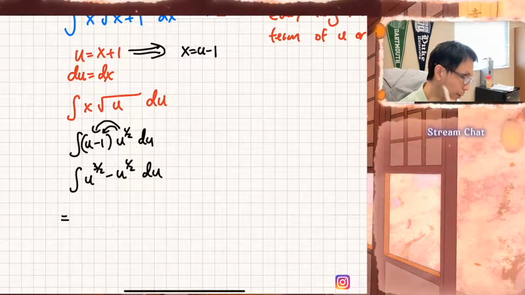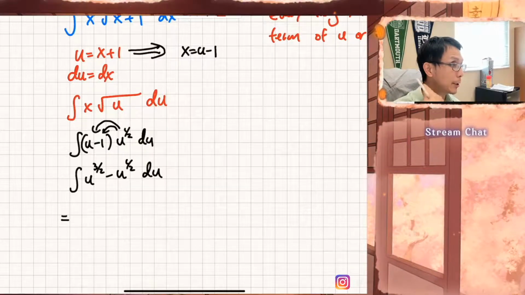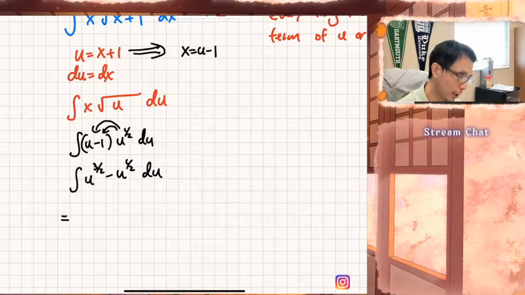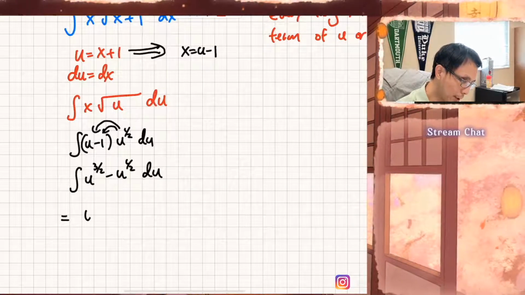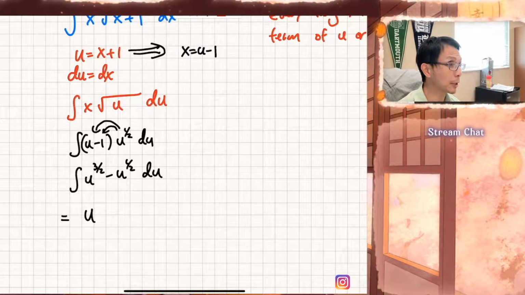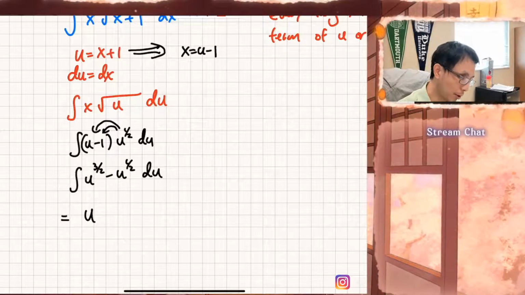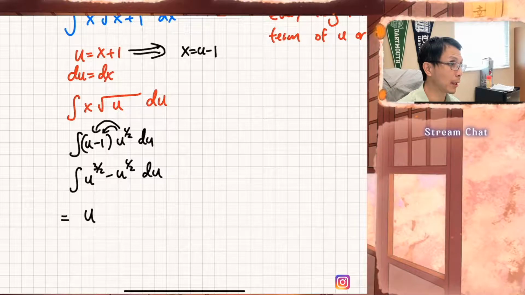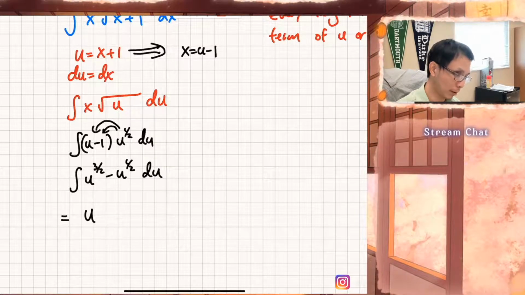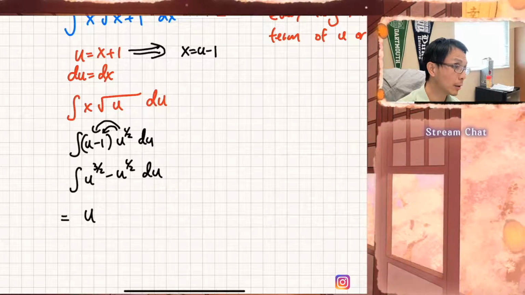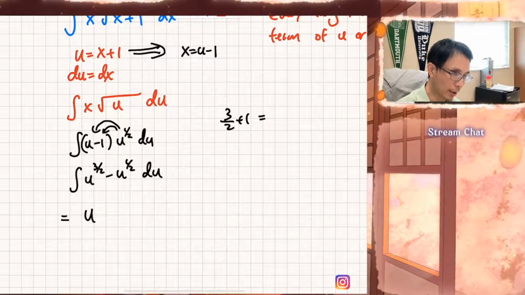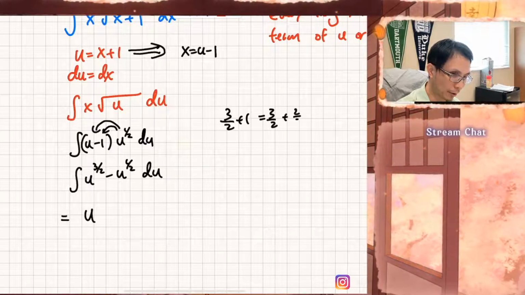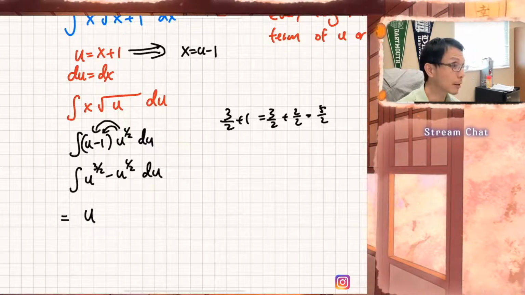At least if you don't remember, I think you were not here when we were doing integrations. Integration of something to a power is very easy. For 3/2, you add 1. So 3/2 plus 1 is 3/2 plus 2/2, which is 5/2. Does that make sense?